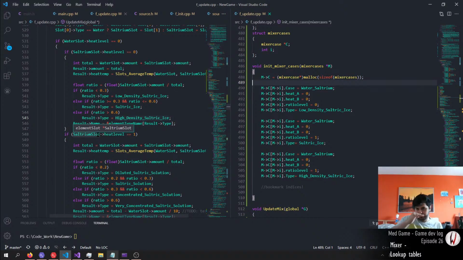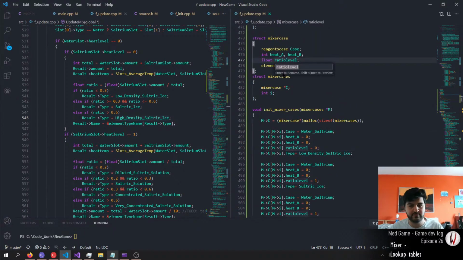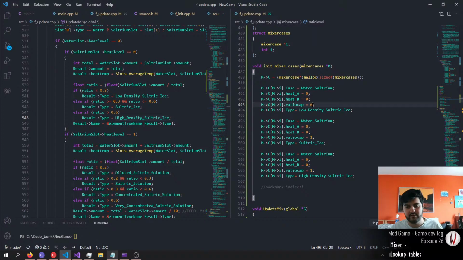So like up until this level, you'll do this. That would make more sense. So let me rename ratio level to ratio cap. Yep, so we have ratio cap. In this case, the ratio cap would be 0.3. Here it's going to be 0.6, and here it's going to be 1. That makes more sense. Good.